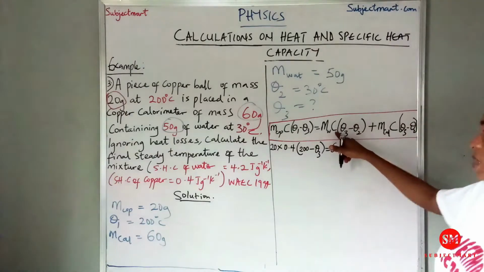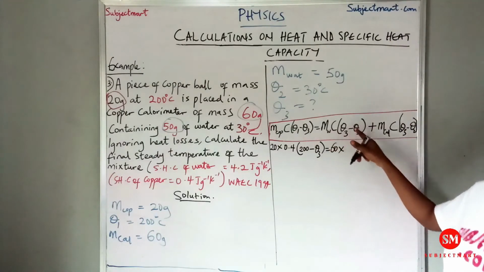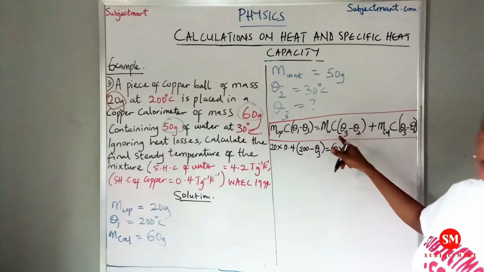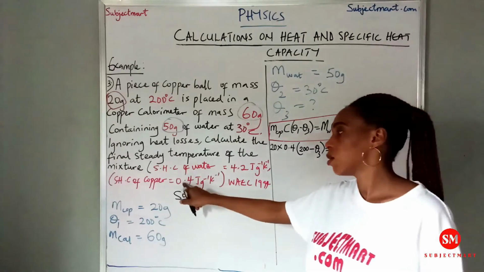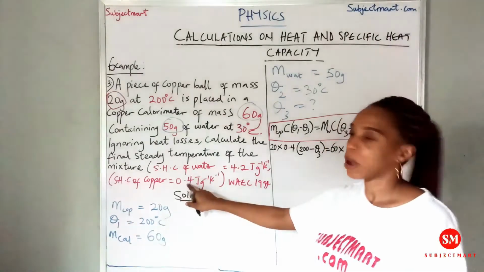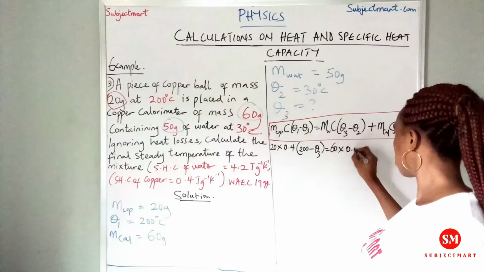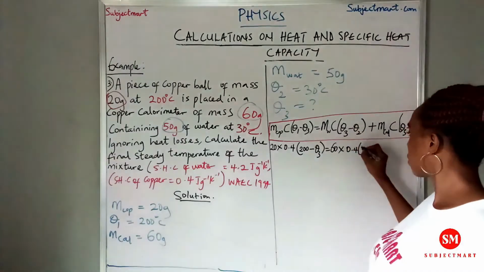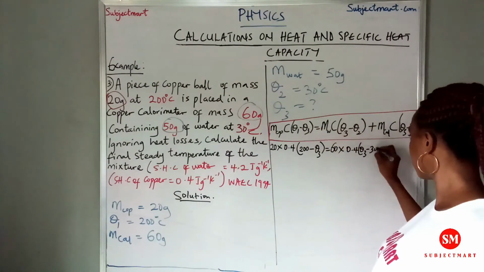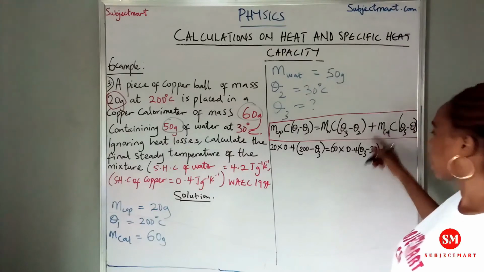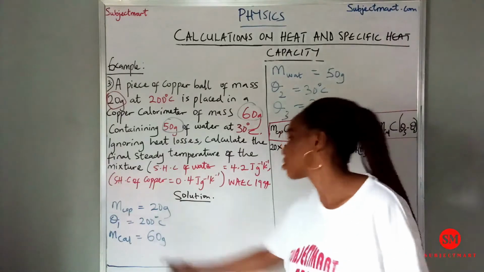I told you earlier that the specific heat capacity of the calorimeter will not be given. So instead, we use that of the solid, which is copper. So I'm going to use 0.4. Theta 3 is not given. My theta 2 is 30. Now, mass of the calorimeter here is 60 grams.